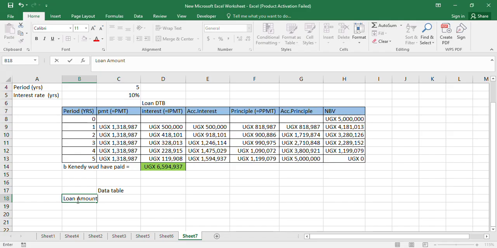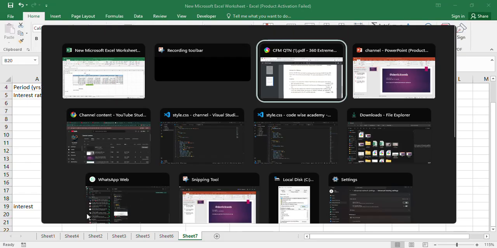So I think here we shall have the loan amount, and also here we shall have the interest. Now the loan amount, let's first leave this table blank and we'll fill in the loan amounts we have in here.